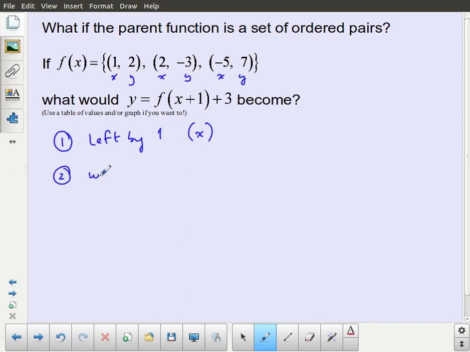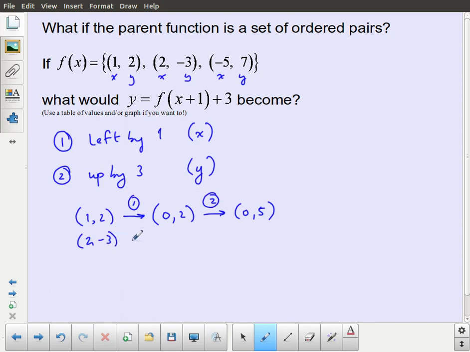Transformation number 2 is up by 3, and that's going to affect the y. And so the point 1, 2 becomes, and again I'll do this in two steps, 1, 2, so we take the x coordinate left by 1, that becomes 0, 2, which then becomes 0, 5 as I go up by 3. So there's transformation 1, there's transformation 2.